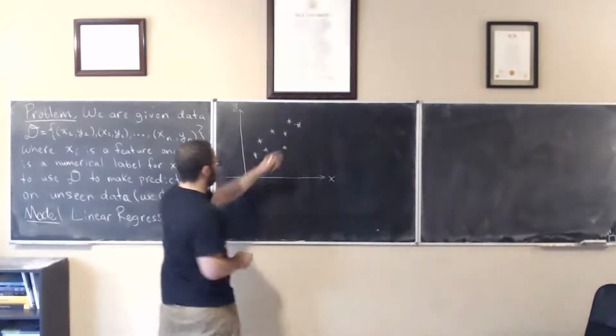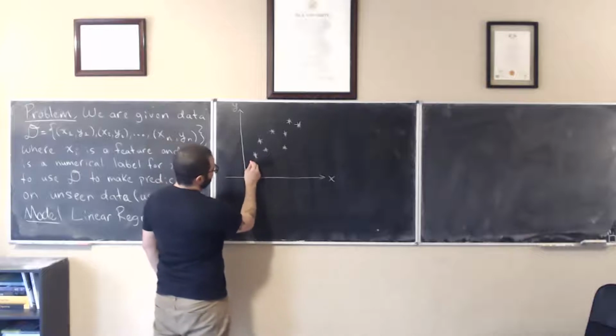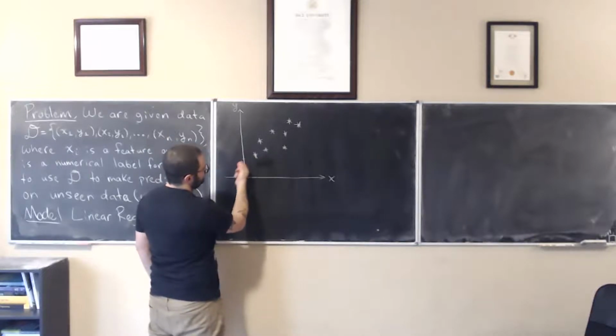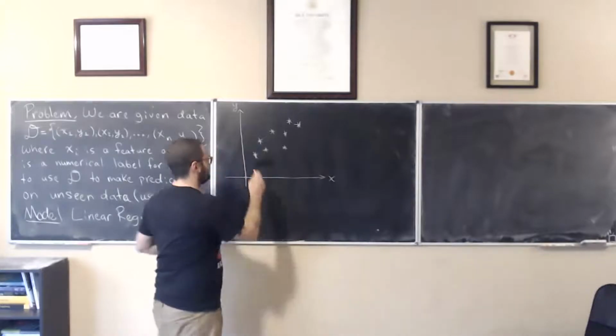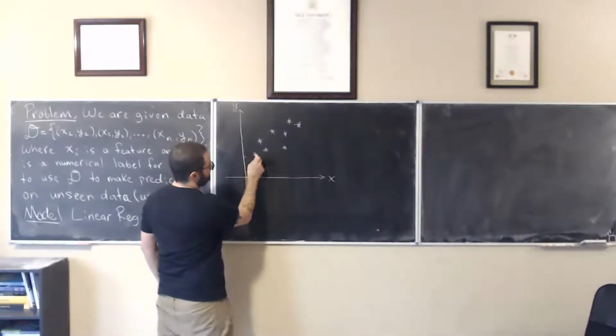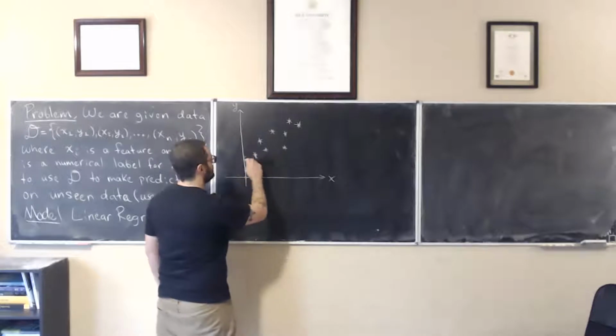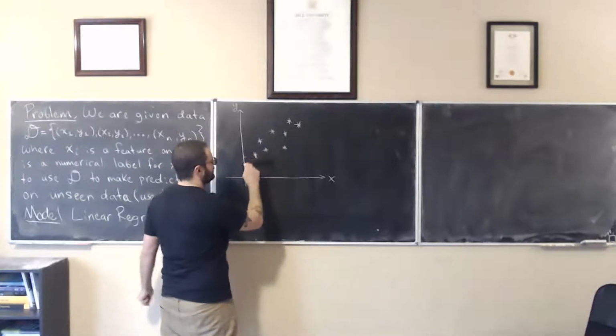So for example, this data here, we can more or less see that this point's somewhere near the y-axis. So we can just kind of choose the y associated with that point, or a little bit above or below.